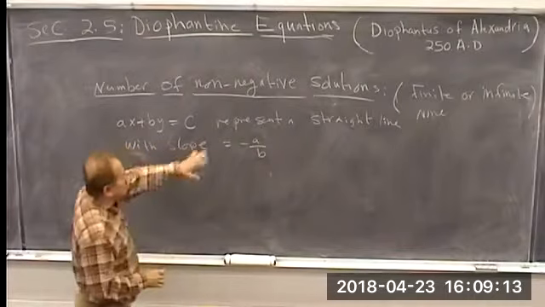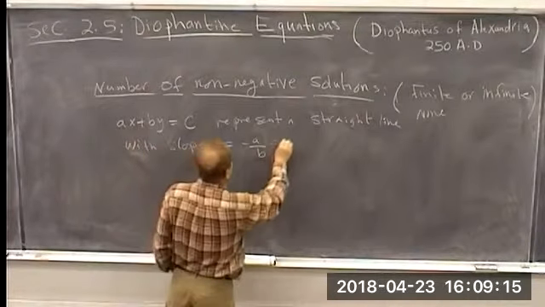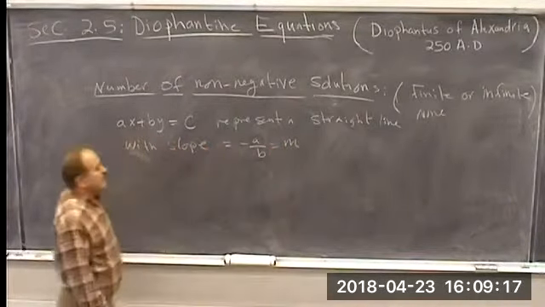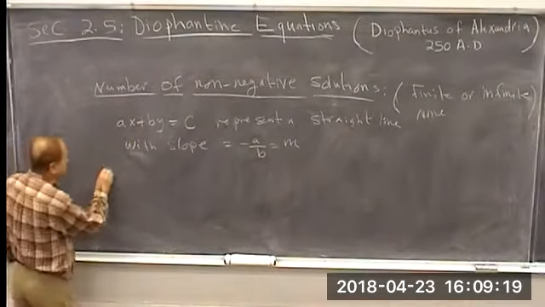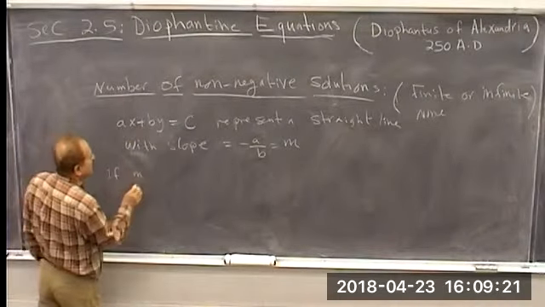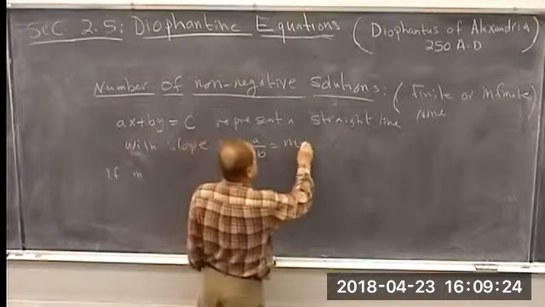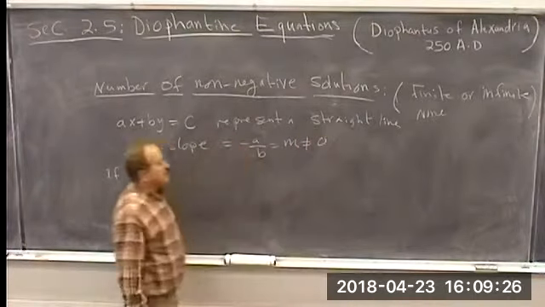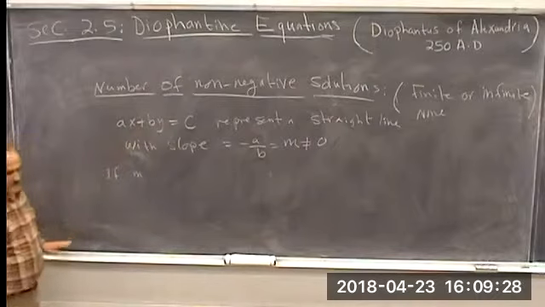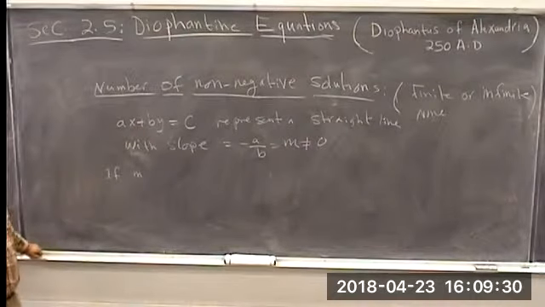Let's go to slope m. Now, if m does not equal 0, because we are assuming neither a nor b is equal to 0, so we have a line that has an x-intercept and a y-intercept.